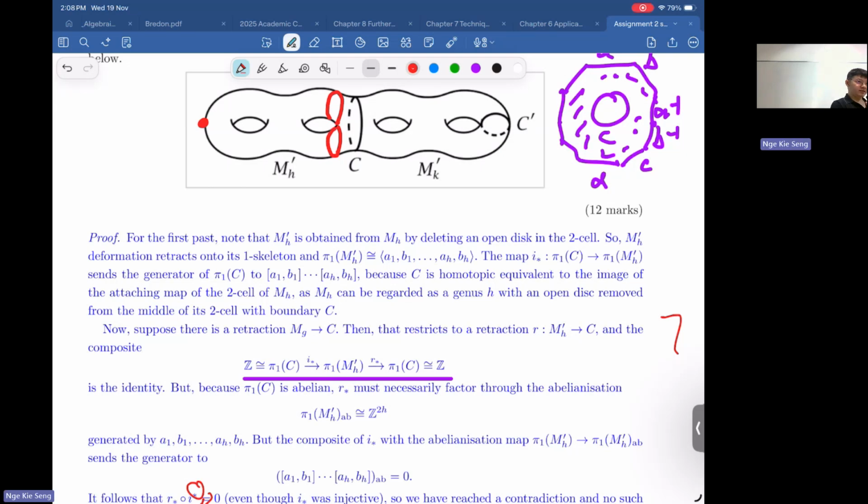And then, is it possible? Or can I slide from the bottom? If I slide like this, is it possible? Base point? No, we don't want to change the base point. So if I don't want to change the base point, maybe I contract back to one of the points here.